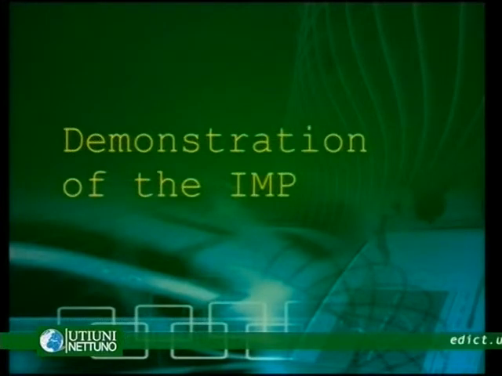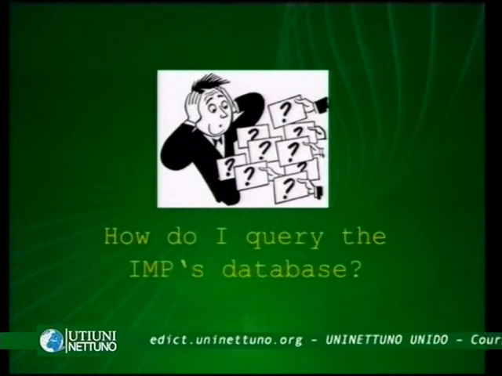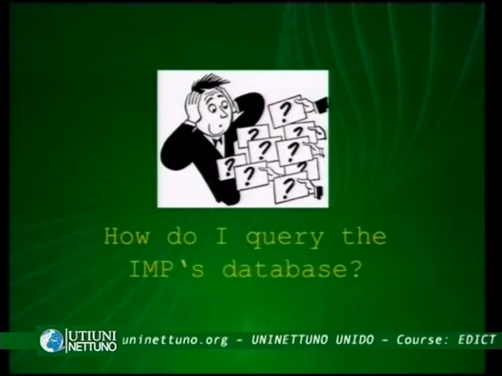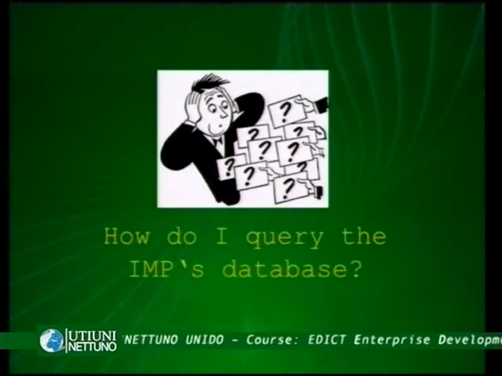So let's start with the demonstration of the investment monitoring platform. Basically, what we're going to show is how do I query the IMP's database? How can we investigate questions using the data? How can we investigate questions, for example, on are we giving the right incentives to the right companies?